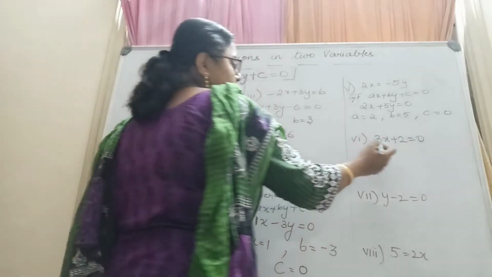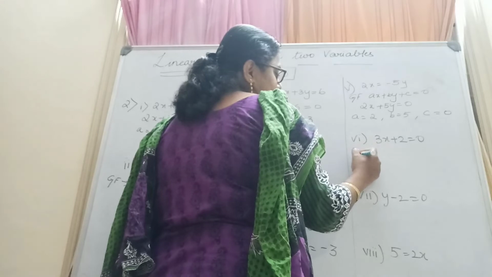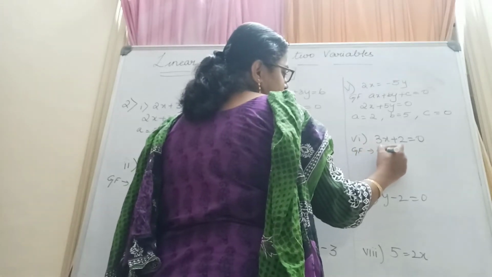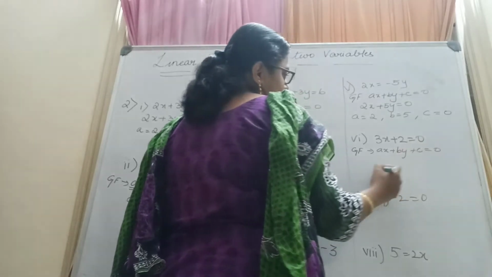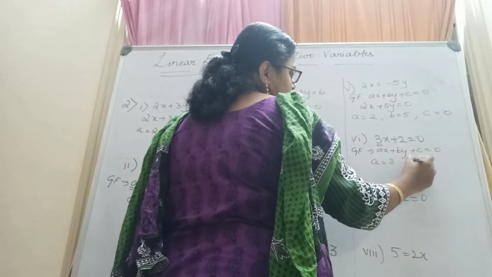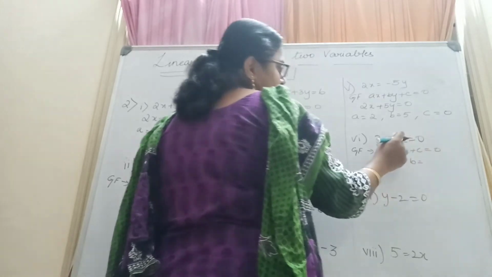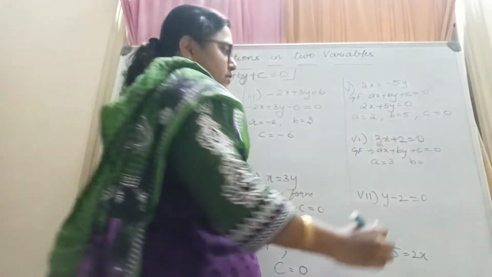Fine. Similarly, in the next question, this is already in the form of ax plus by plus c is equal to 0. Here a is 3, the coefficient of x, b is the coefficient of y. Do we have a y term here? No, we don't have a y term here.